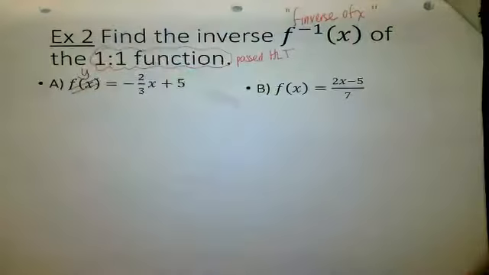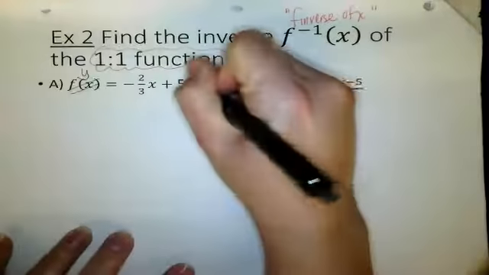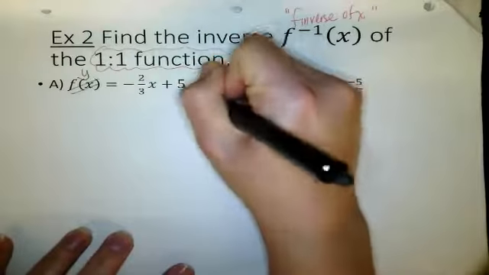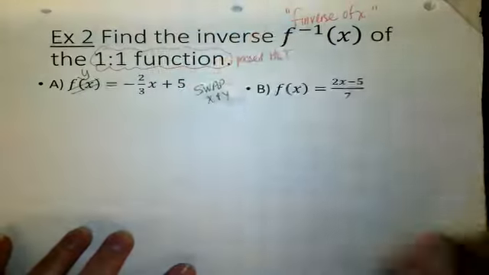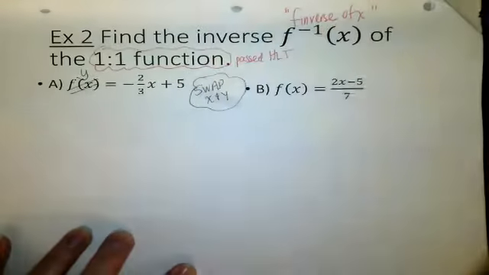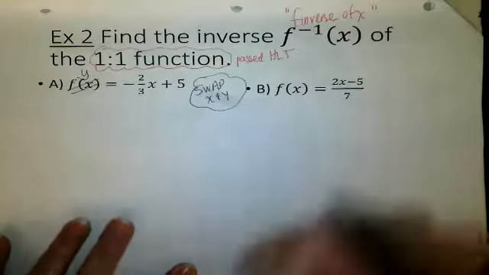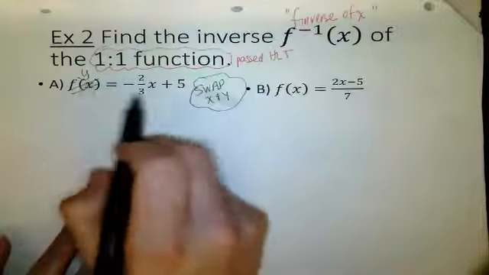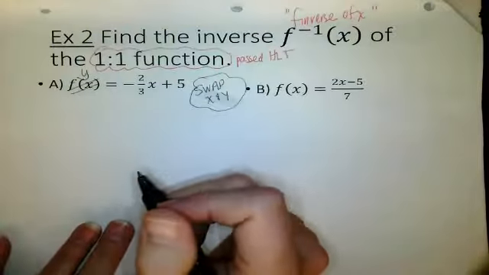So f of x really is the same thing as a y value. And just like with the ordered pairs, we're going to go ahead and swap the x and y. They're going to trade places, and that's the first thing we want to do when we're solving for an inverse function. So right now it says y equals, what should we trade it for?